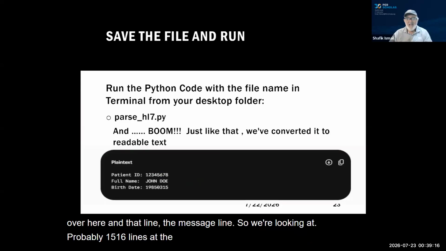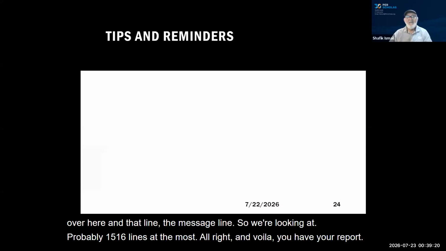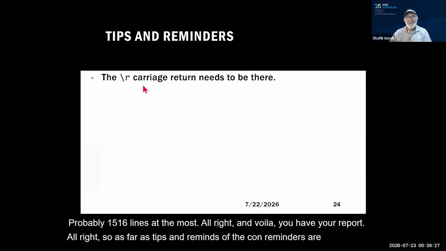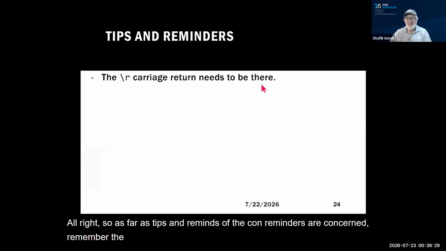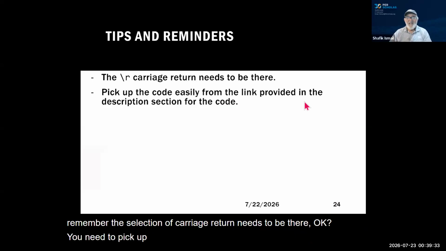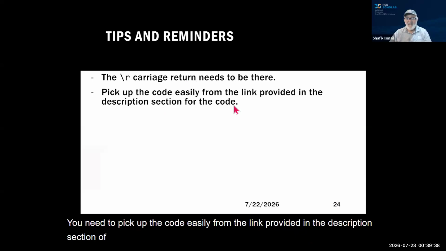All right, and voila, you have your report. All right, so as far as tips and reminders are concerned, remember the /R carriage return needs to be there, okay? You can pick up the code easily from the link provided in the description section of the actual video, all right?